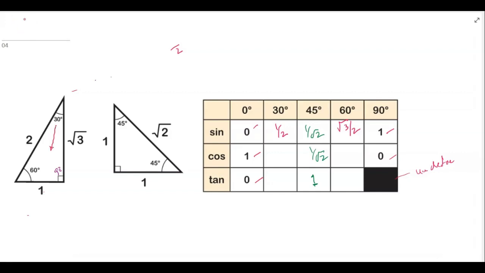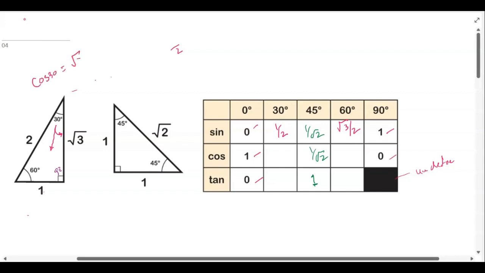This is the opposite side and this will be your adjacent side. So what will be cos 30 now? Cos of 30 degrees will be the adjacent side upon the hypotenuse, so root 3 upon 2. Now tan 30. Yes, anybody?